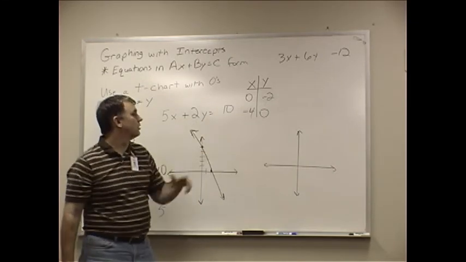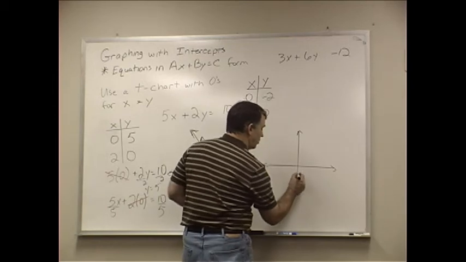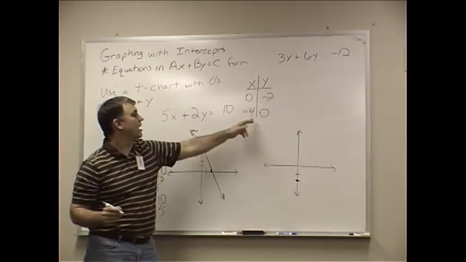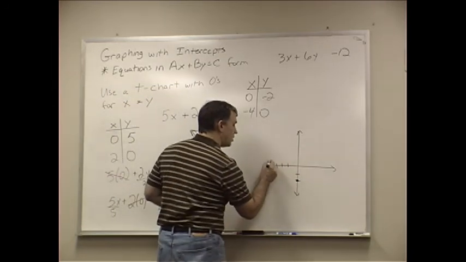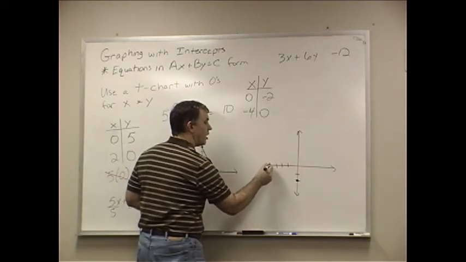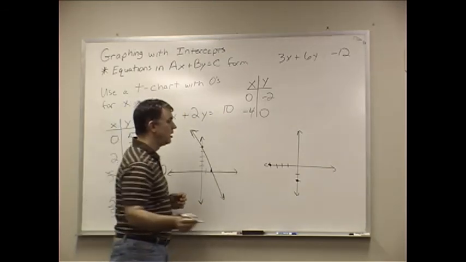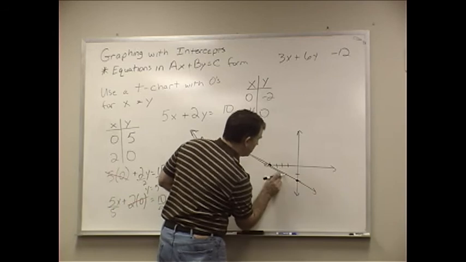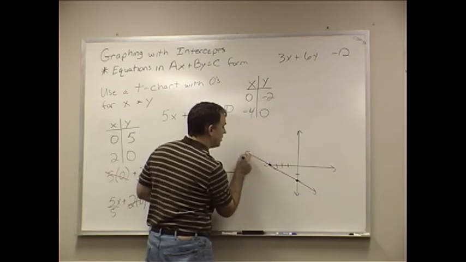All right, let's finish it. Let's graph it. 0, negative 2, over 0, down 2, negative 4, 0, over 4, up or down 0, and yes, oh, missed. You freehand, that happens sometimes.